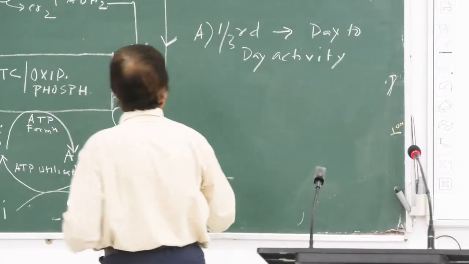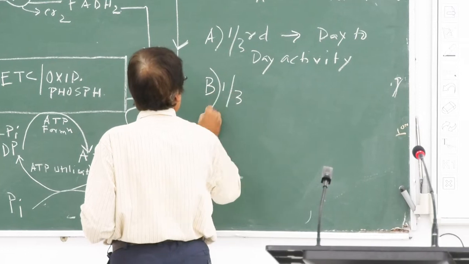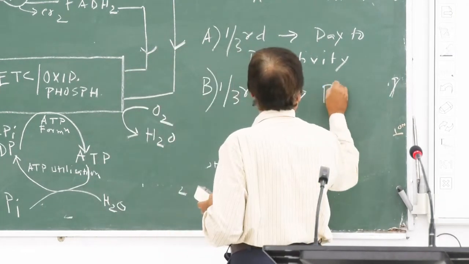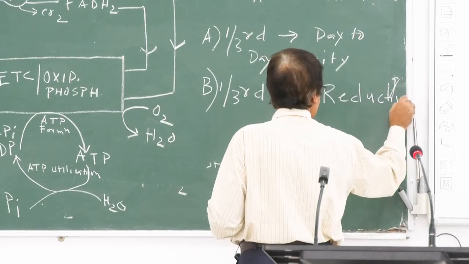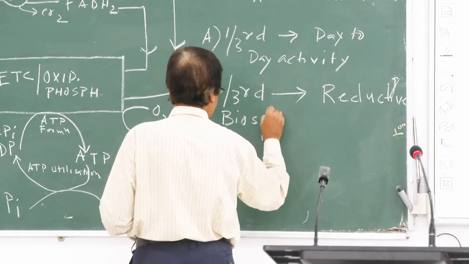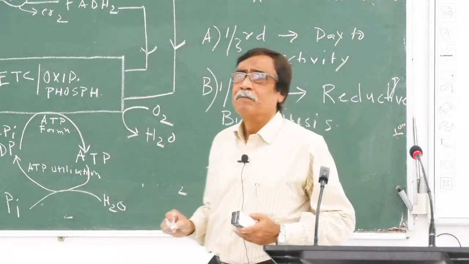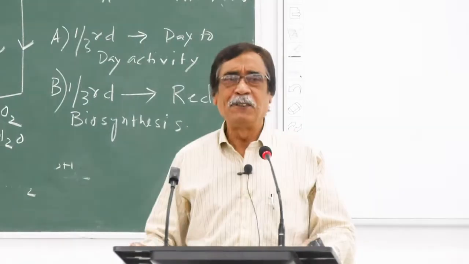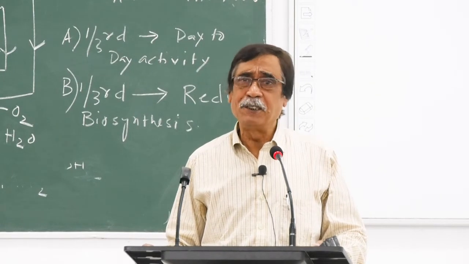Second category of the utilization, 1/3 of the ATP will be for reductive biosynthesis. The term is very important. Reductive biosynthesis means biosynthesis of the fatty acid, biosynthesis of the cholesterol, biosynthesis of the glucose, biosynthesis of the protein, synthesis of the DNA.